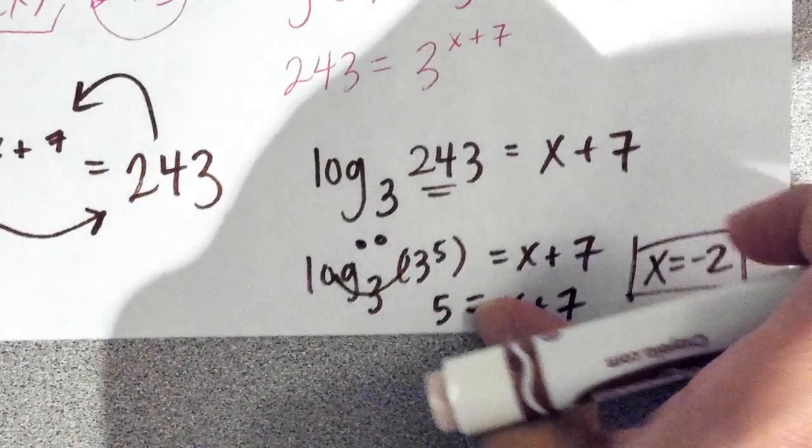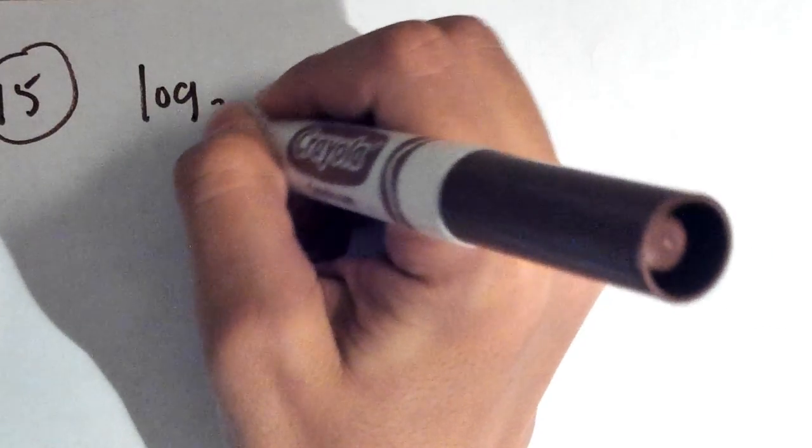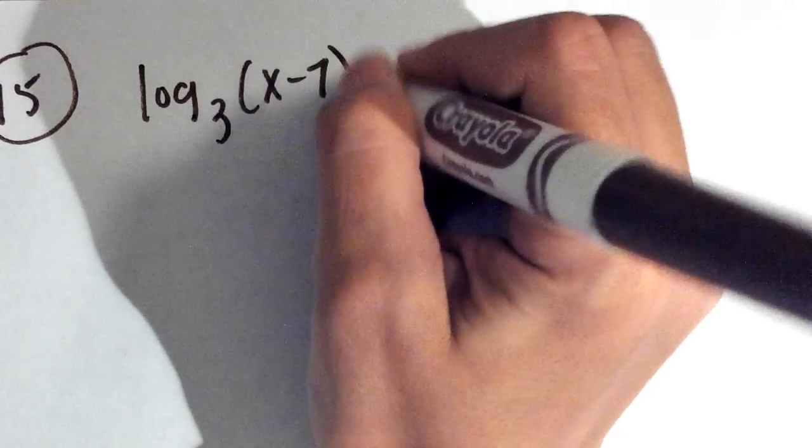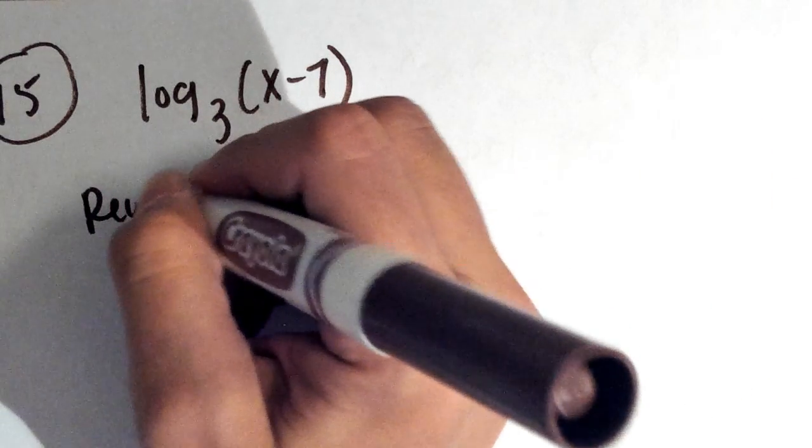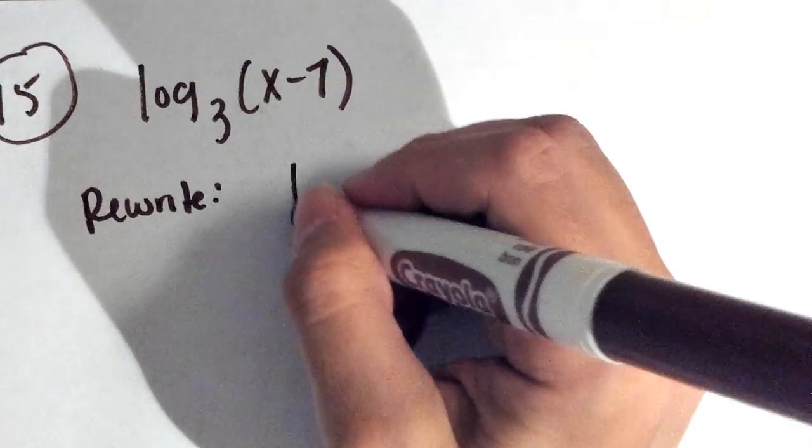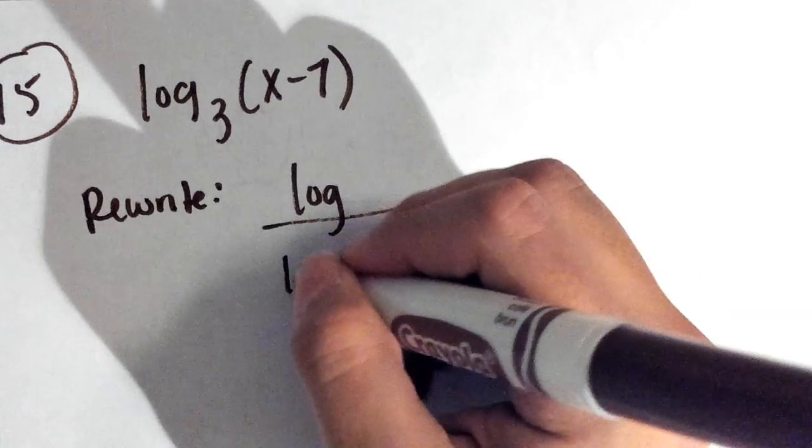Alright, let's go to number 15. Number 15, it says rewrite using change of base. So I have log base 3 of x minus 7. If I'm going to rewrite this, remember it's log on top, log on bottom.